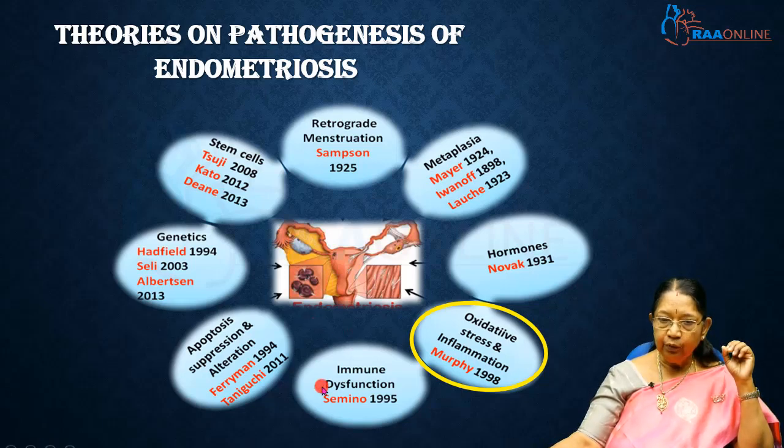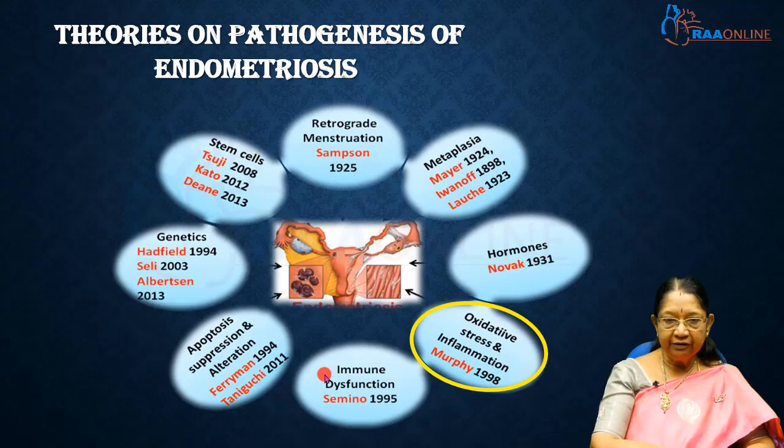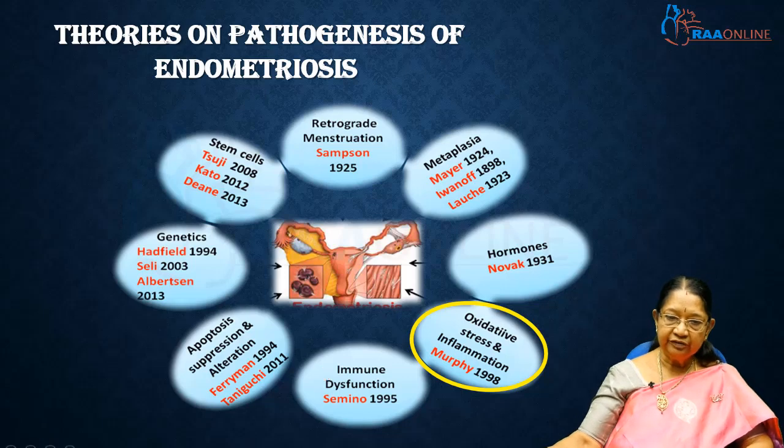But in women who are prone to endometriosis, there is abnormal behavior of the macrophages. They fail to imbibe these cells but promote pro-inflammatory changes. So this is the apoptosis suppression theory.